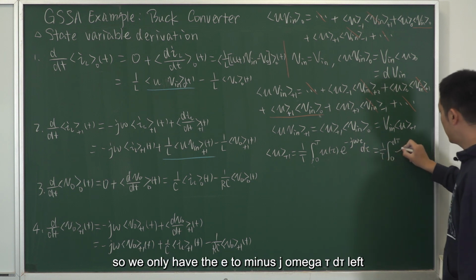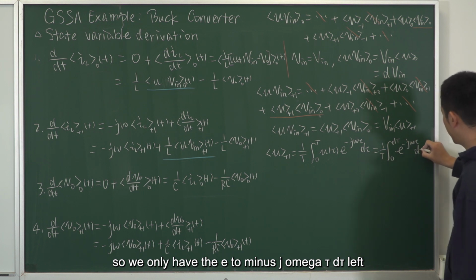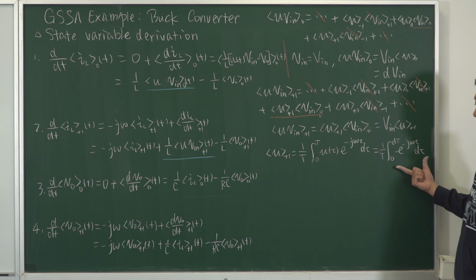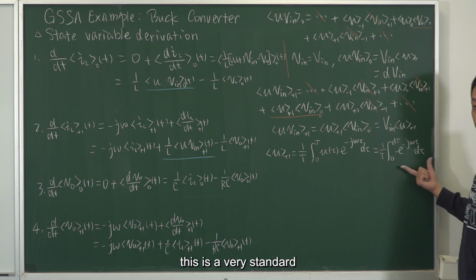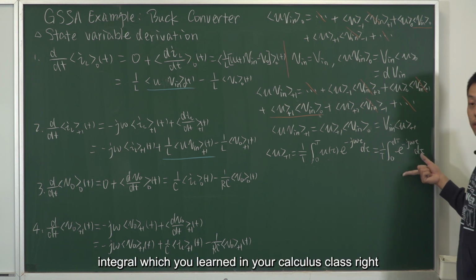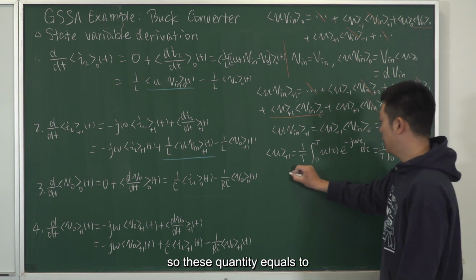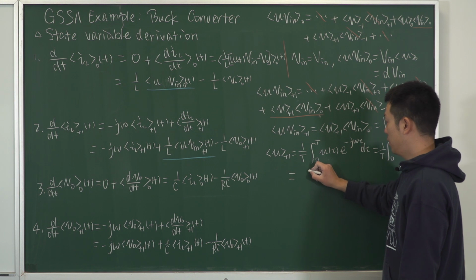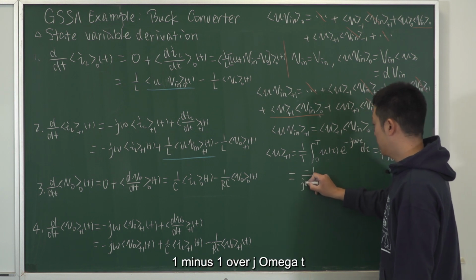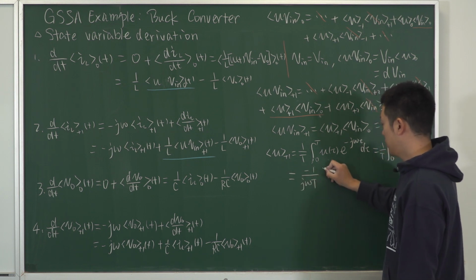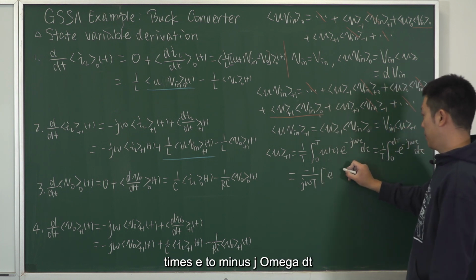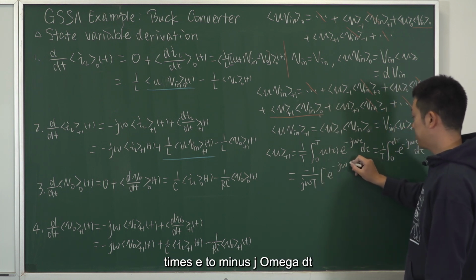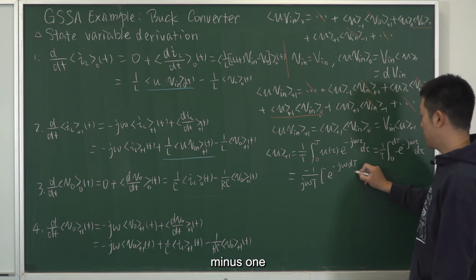So we only have the e to the minus j omega tau d tau left. This is a very standard integral which you learn in your calculus class, right? So this quantity equals to 1 over minus j omega T times e to the minus j omega DT minus 1.